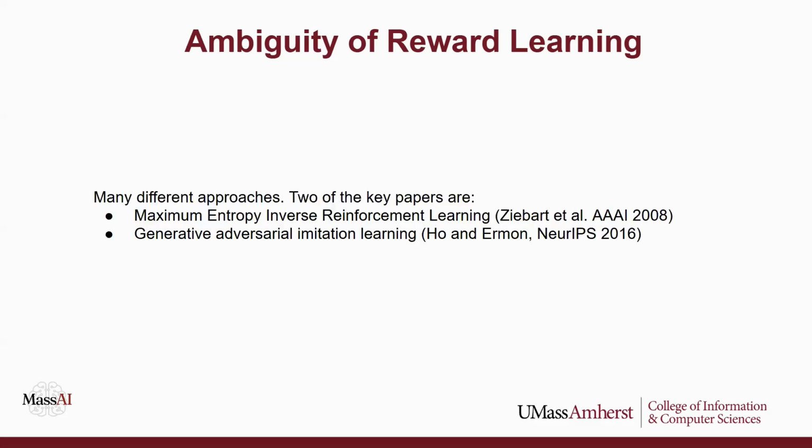And researchers for the past, I believe, almost 2 decades have tried to tackle this with many different approaches, of which 2 papers are the maximum entropy inverse reinforcement learning, which was introduced all the way back in 2008, and a more recent one, 8 years ago, the generative adversarial imitation learning in 2016.